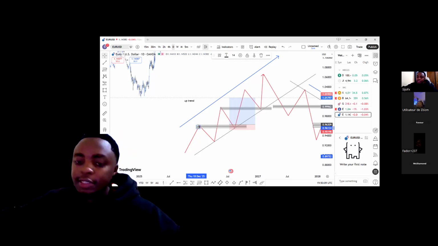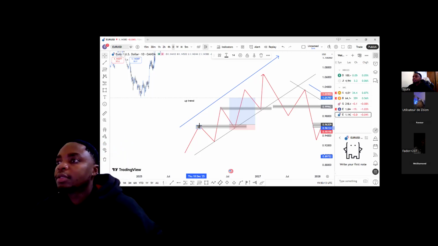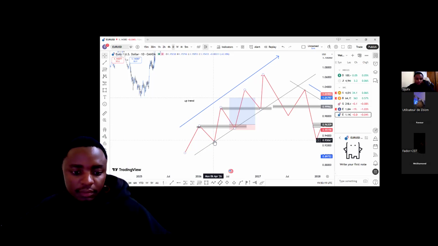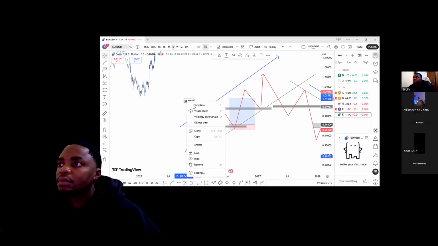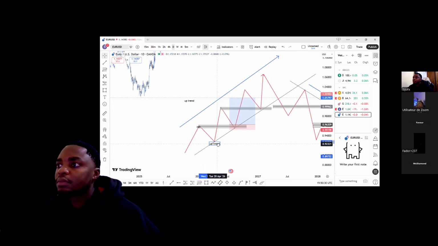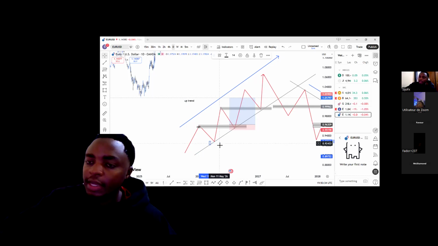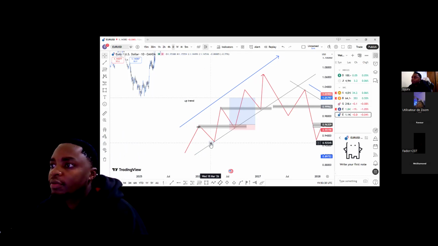This H is a higher high. And this one will be a higher low. HL. This one is a higher low.